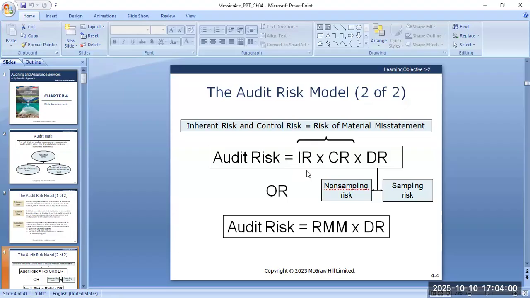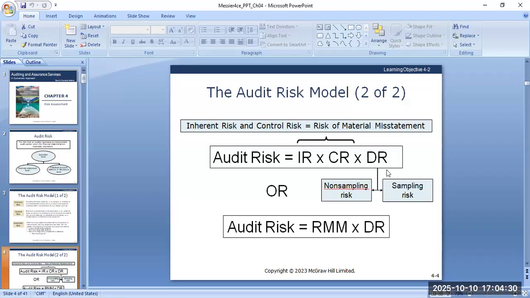We know the business very well. There's not much right now in the industry, no risk at all. Control risk, there's a control in place. Everything is followed, the procedures are followed, we tested it, it's okay. So now on the detection risk, we can be a little bit less focused, and we can still get the audit risk at the level that we want.